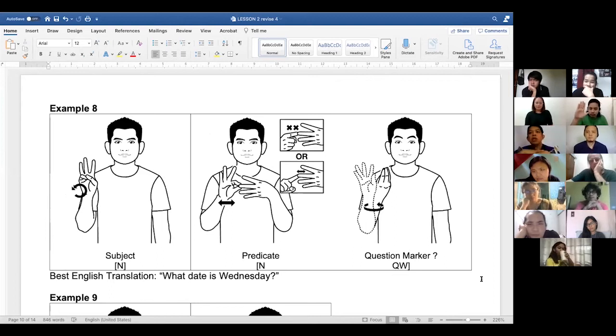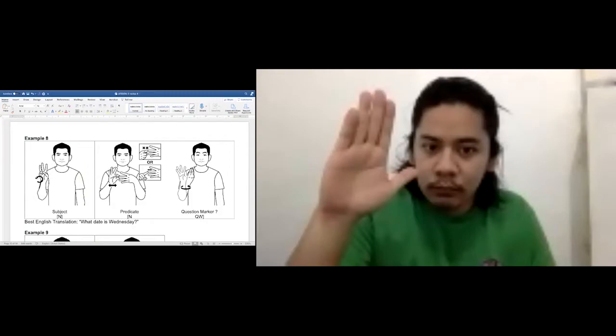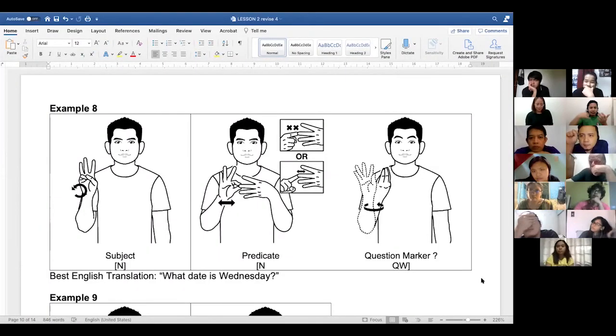Okay. Shaq has his hand up. Yes. Yeah, I learned actually, you're right, hearing people, I don't think, say that, but for deaf people, we want to be very accurate, right? It's something culturally different, something I learned.